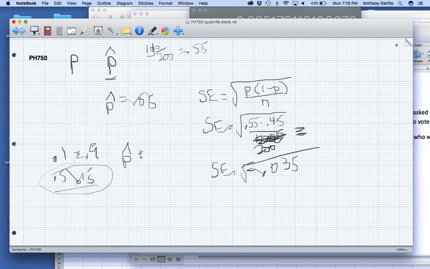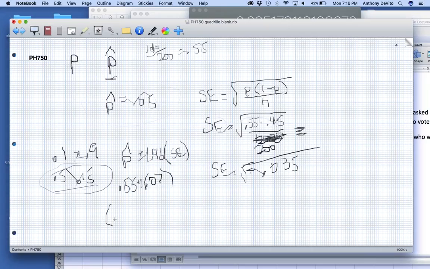Right? It's going to be equal to Pcap plus or minus 1.96 times my standard error. So it's going to be equal to 0.55 plus or minus 1.96 times 0.035. I'm going to actually just double that. So I'm going to call that 7%, 0.07, just to make it a little bit easier.